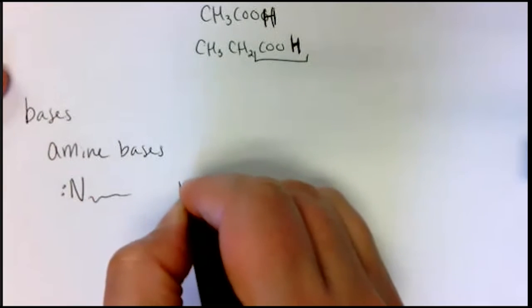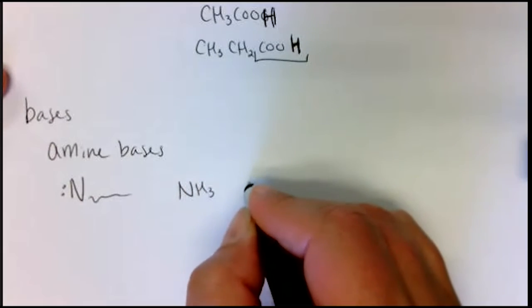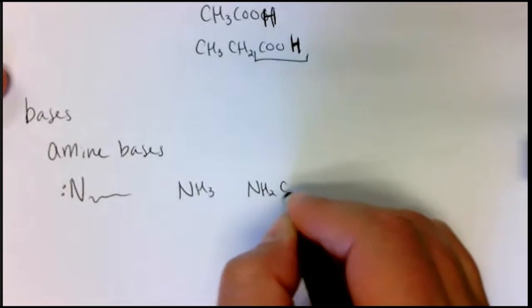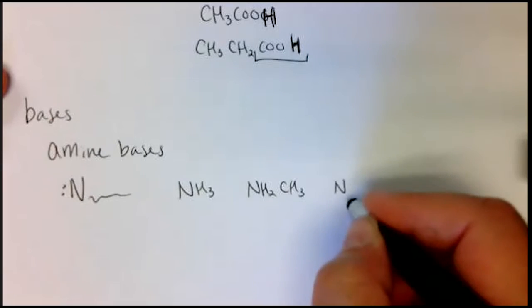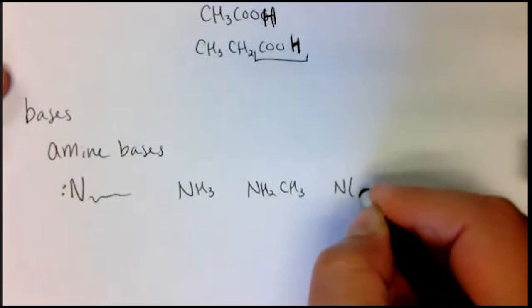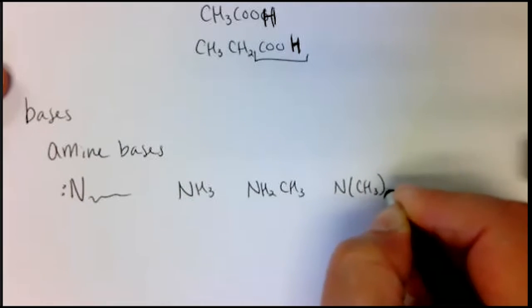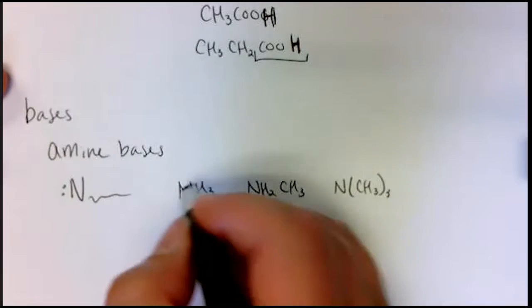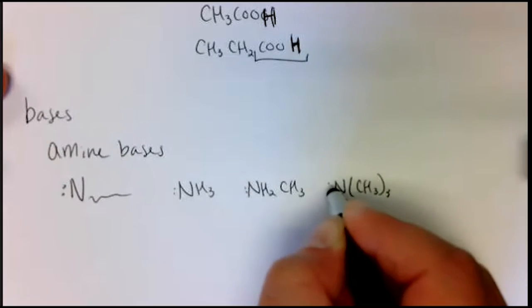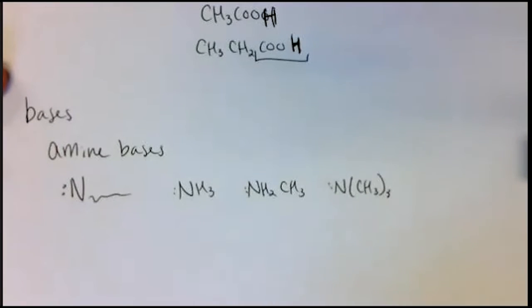It could be NH3, NH2CH3, N(CH3)3. So as long as you have a nitrogen with a pair of electrons, and each of these have a pair of electrons, it's considered an amine base.